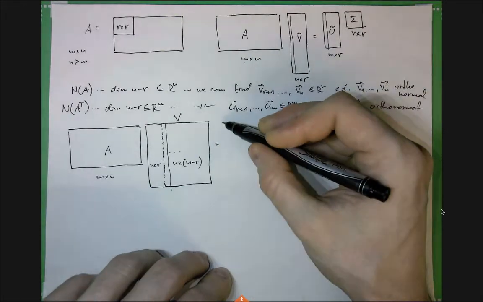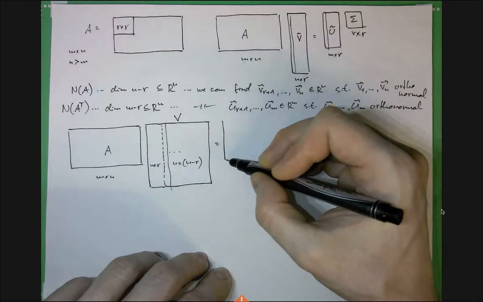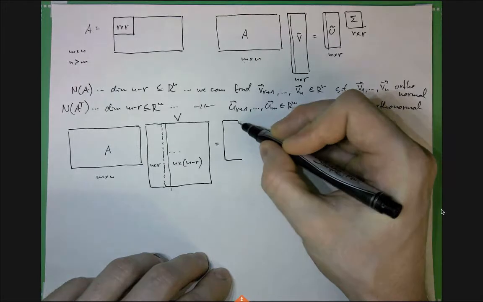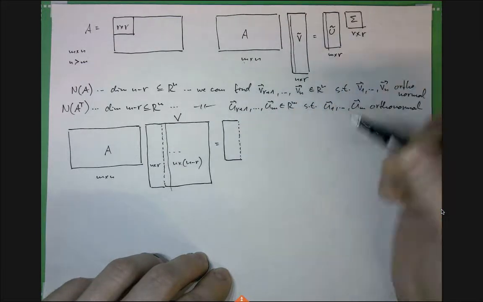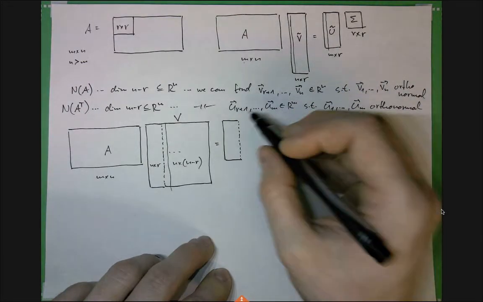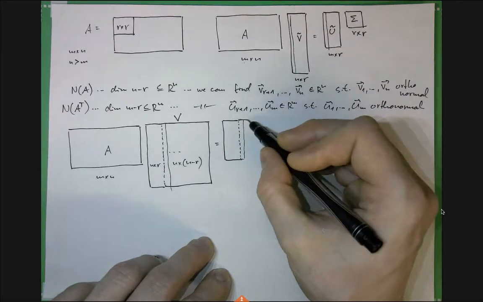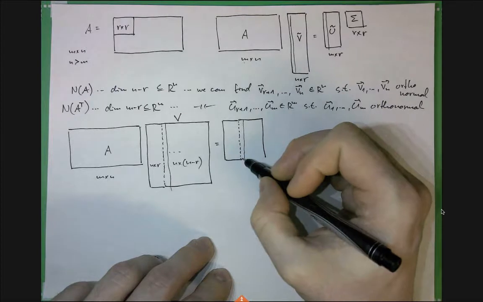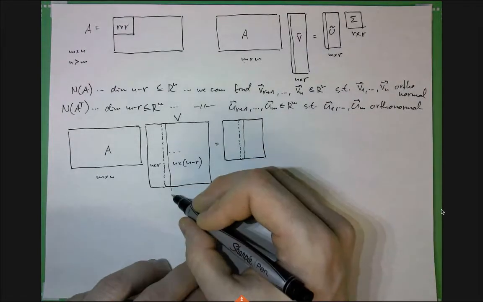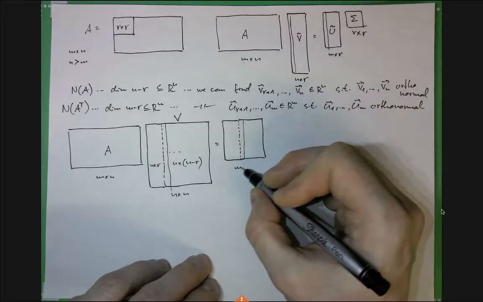Now the same thing happens to U. This was my original U tilde. And here I take the ur plus 1, that's going to be this guy, all the way to um. Notice that it again becomes square. Before it was n by n, this will be m by m.